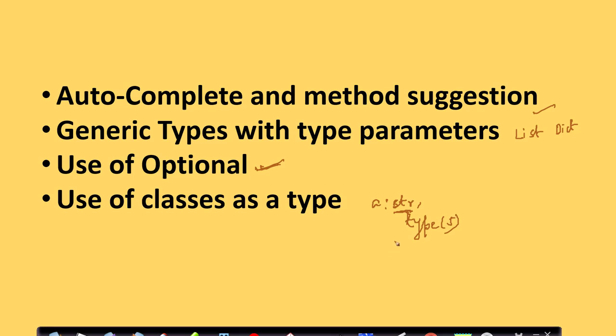Now if I can specify predefined classes as a type, why can't I specify my own classes? For example, I have made a class called User. So in a function, I can write that a is going to be a User object. That is completely fine, and we will see how we can implement these things using types in Python.